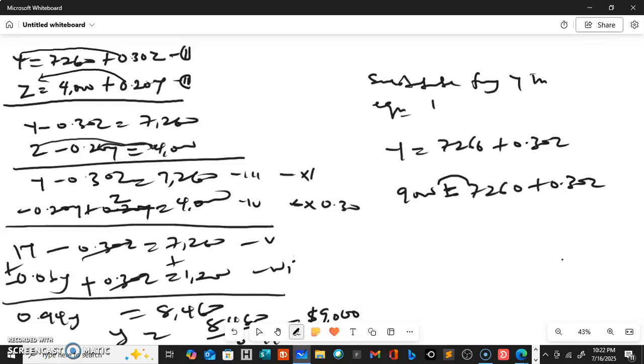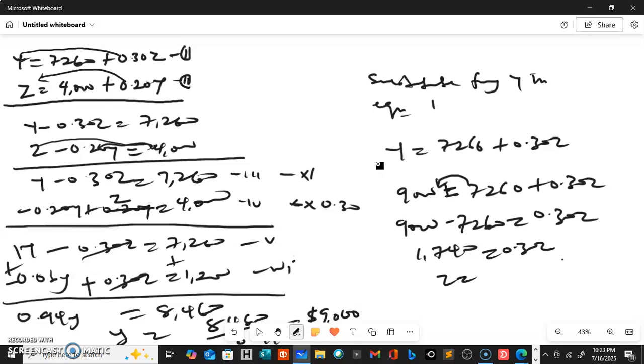So when 7,260 comes across, it becomes negative: 9,000 minus 7,260 equals 0.30z. This should give us 1,740, if I'm right. Okay, good. 1,740 equals 0.30z. So in this case, z equals 1,740 divided by 0.3.